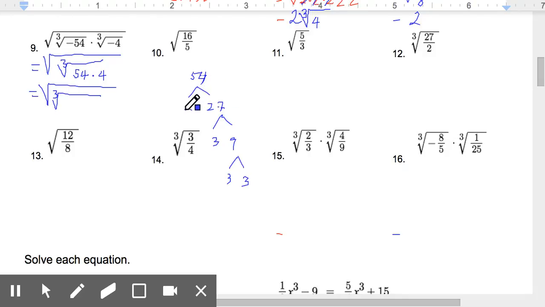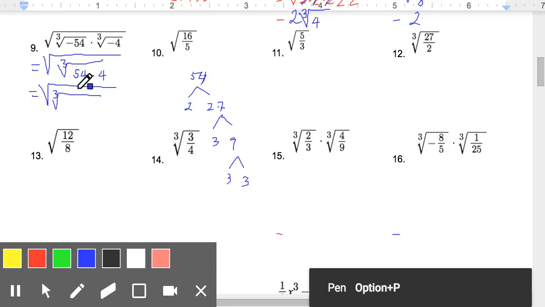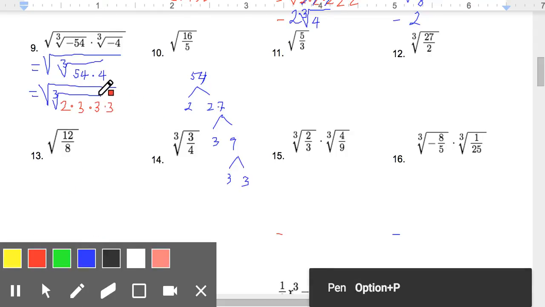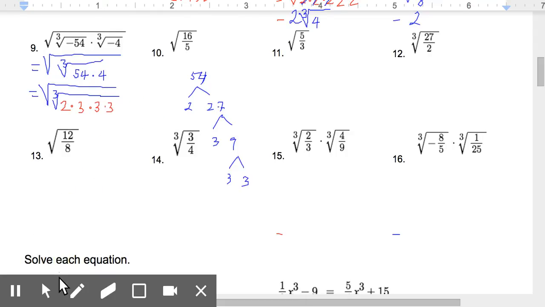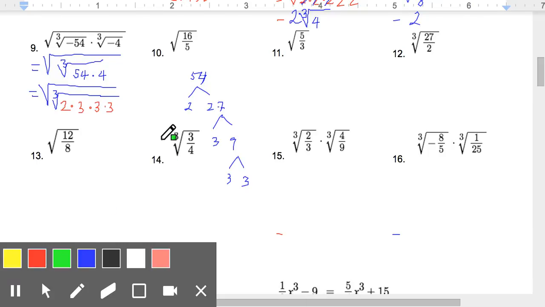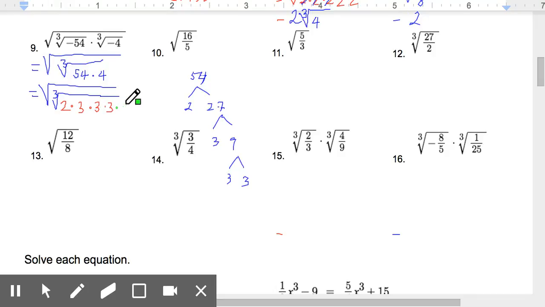So therefore, 54 is 2 times 3 times 3 times 3. We're going to put here 2 times 3 times 3 times 3. This is for 54. And for 4, that is 2 times 2.